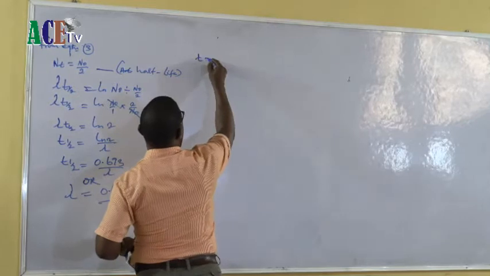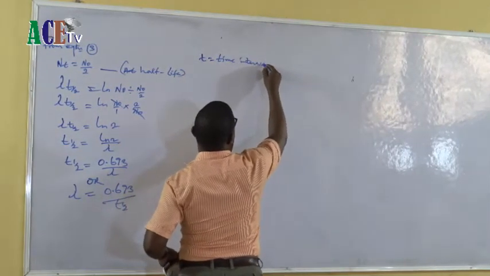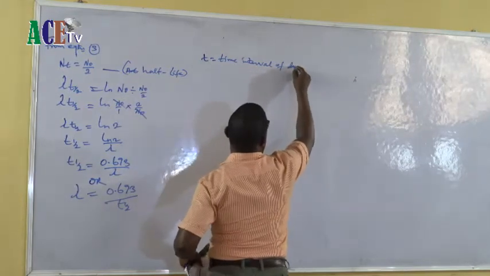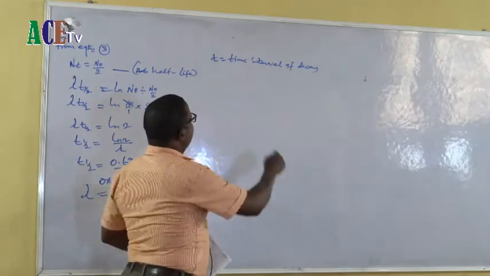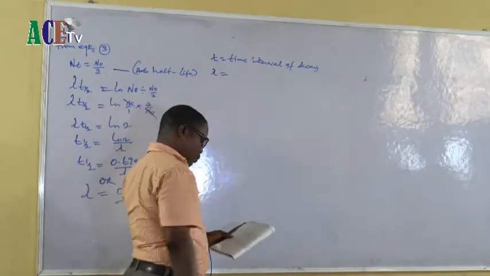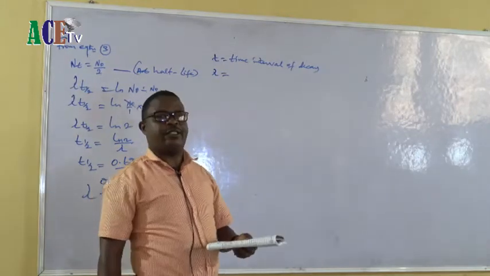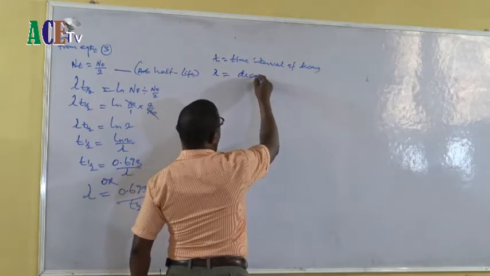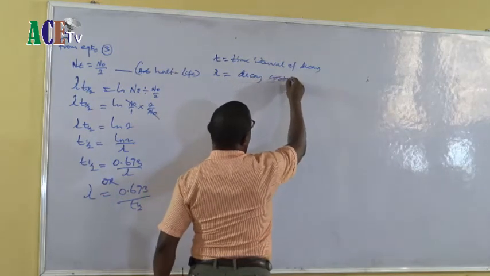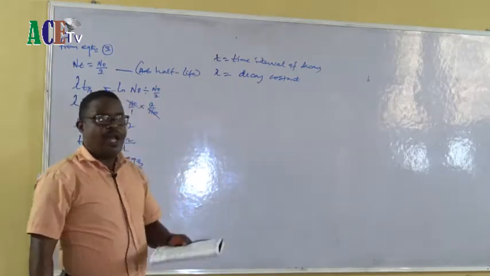T is equal to time interval of decay. Our lambda is equal to the first order rate constant, or we refer to it as the decay constant.